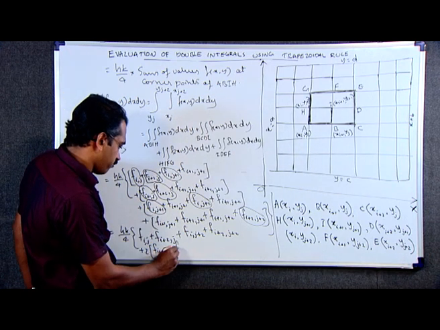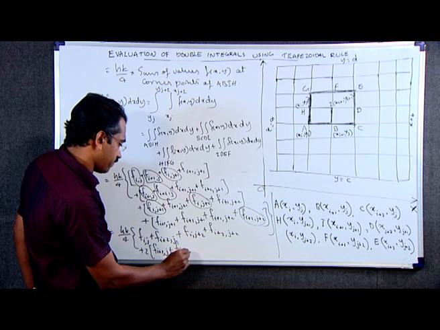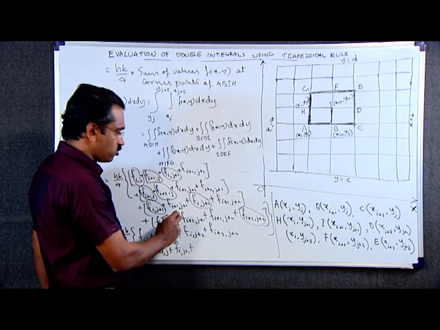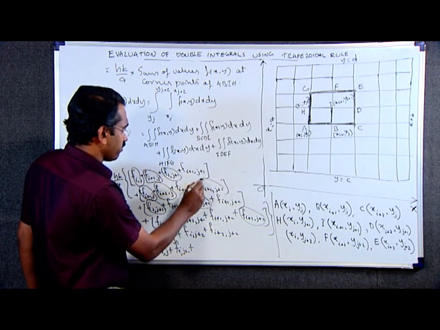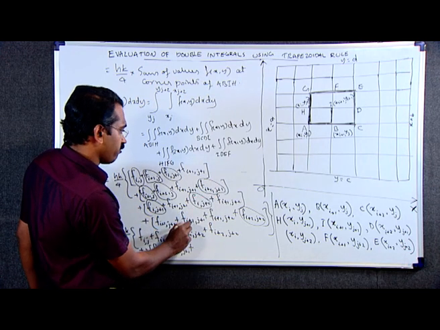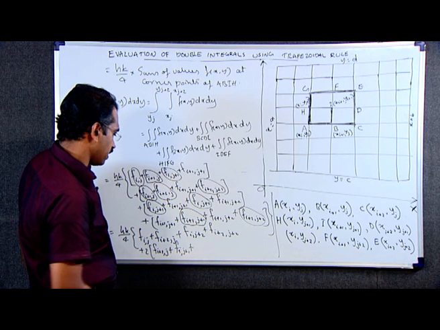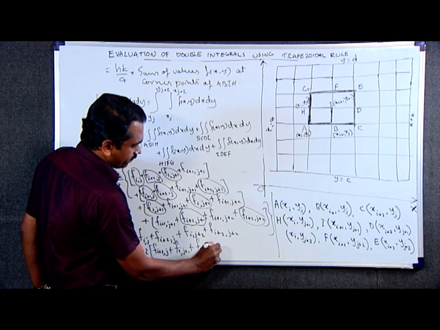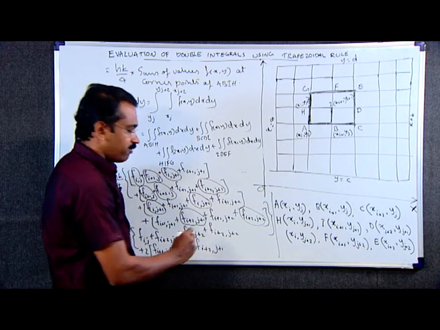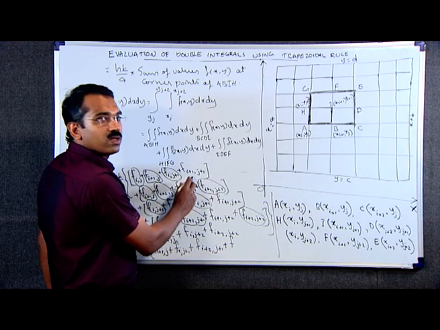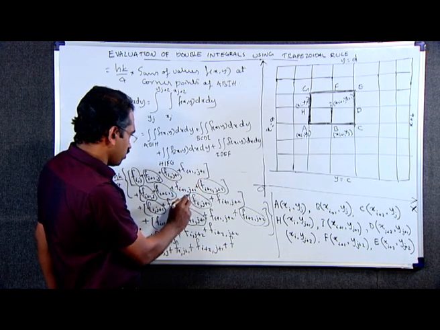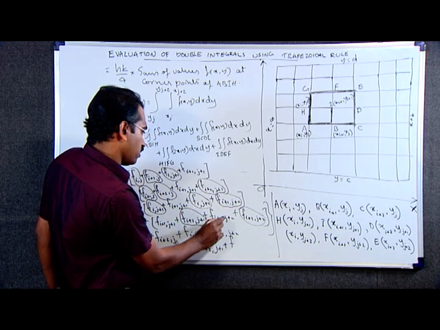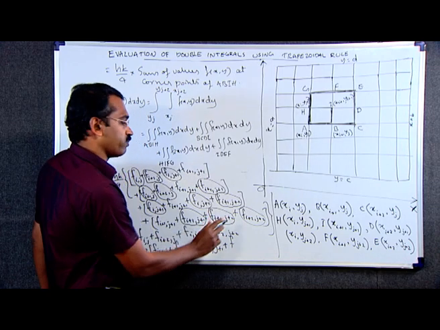Therefore, 2 times f i j plus 1 plus f i plus 2 j plus 1 is here and f i plus 2 j plus 1 is in this last term. Therefore, 2 times f i plus 2 comma j plus 1 plus 2 times f i plus 1 j plus 2, here 1 f i plus 1 j plus 2 and in this last term there is 1 f i plus 1 comma j plus 2.